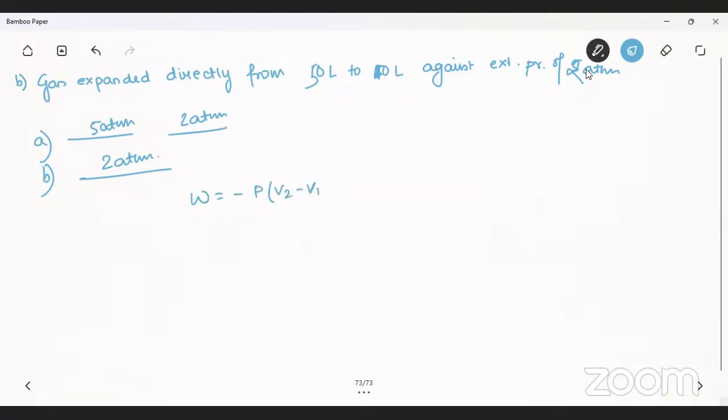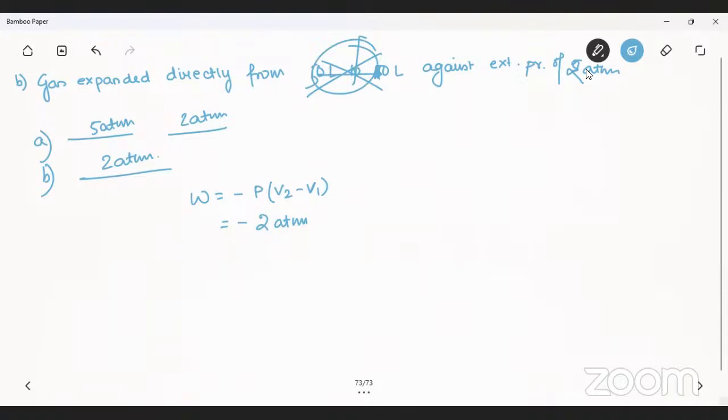In the question we have 10 atm, 10 L expanded to 20. Doesn't matter. Whatever is written in the question, write that. I'm just trying to explain that this is the most neglected thing here.